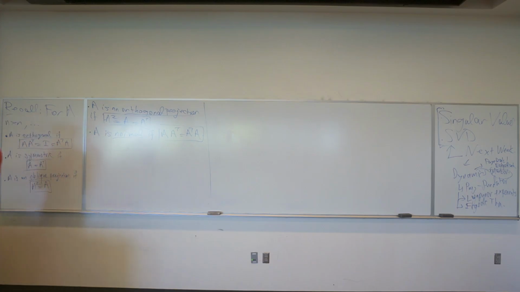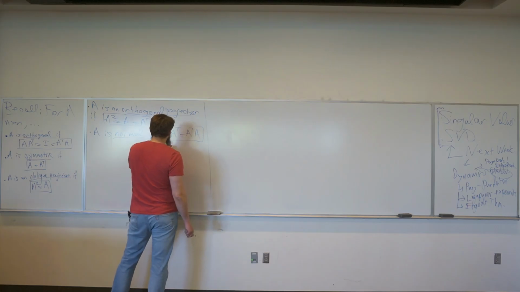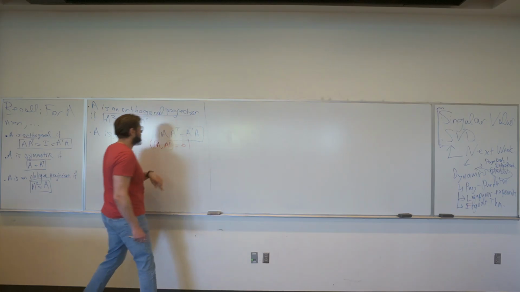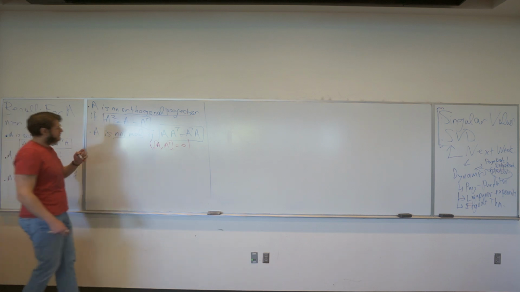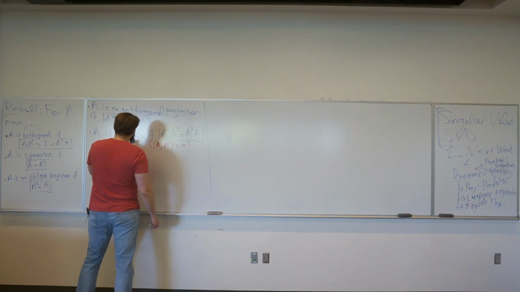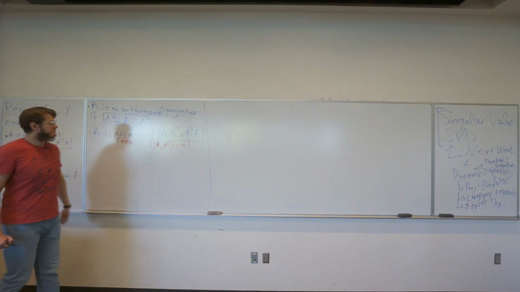Using the bracket notation, we can write it like this as well: the bracket of A and A transpose is 0. That's another way of writing the same thing. So this is a new phrase. All the other ones we had discussed. Now there are other phrases, diagonalizable, diagonal, all these things, but we're going to try to put them all together in one flow chart over there.